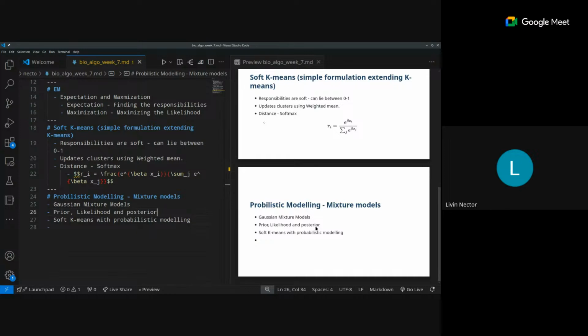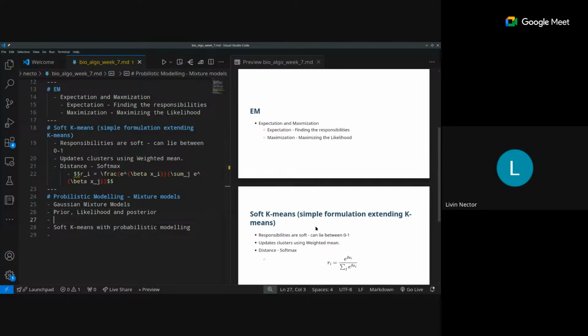We use Bayesian modeling to model this picture. There are k clusters. The prior refers to the probability of k, which means the probability of a point belonging to a cluster. So that is the prior.